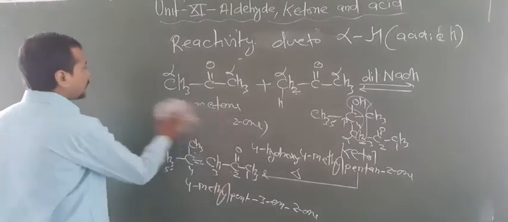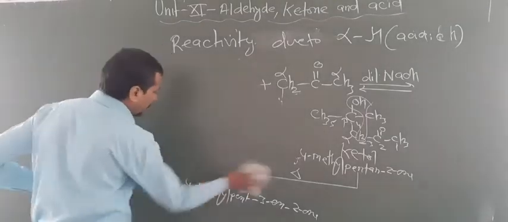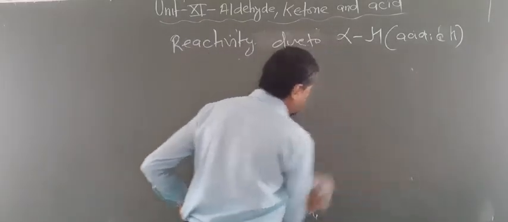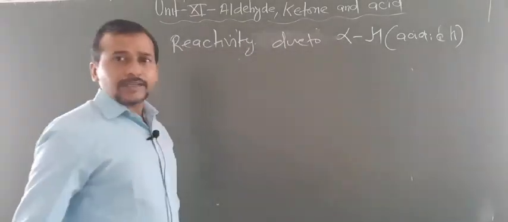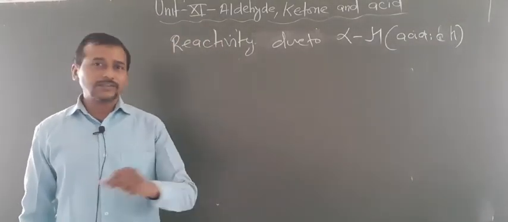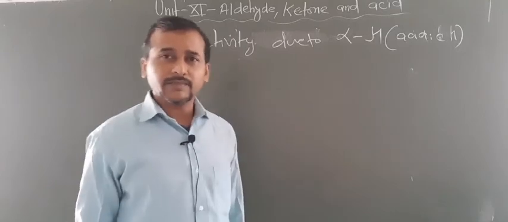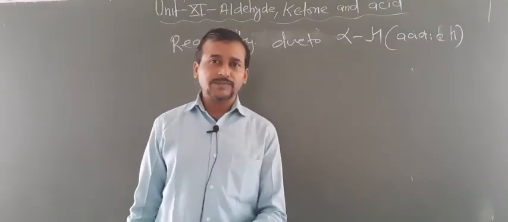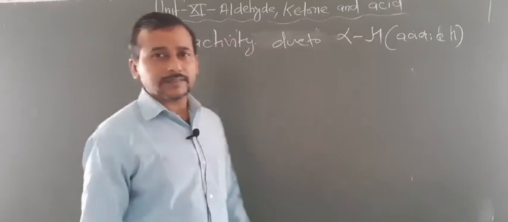Now let us focus on when 2 different types of aldehydes are taken, or 2 different types of ketones are taken, or 1 aldehyde and 1 ketone are taken, both having alpha H. So this will produce 4 products, 2 from simple aldol and 2 from cross aldol.